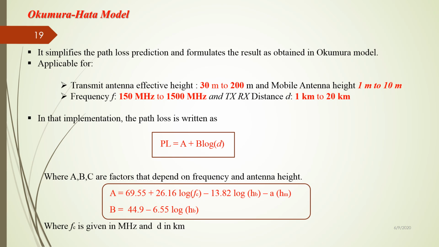The path loss is given as A plus B log D, where A, B and C are factors that depend on the frequency and the antenna height, and A and B have different equations. By putting these equations into the path loss formula, we can get the path loss.